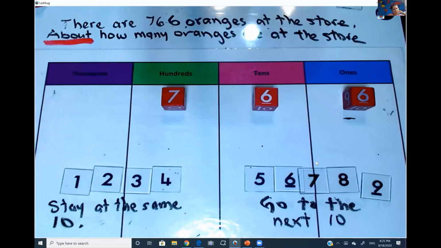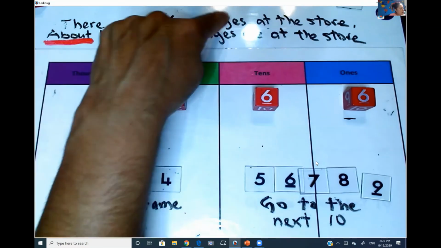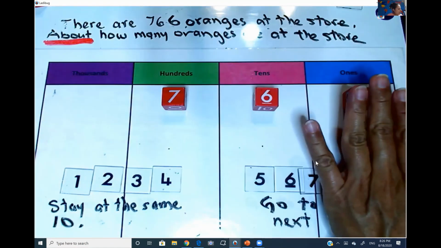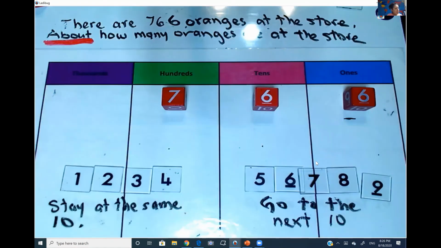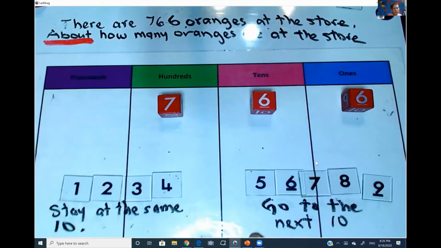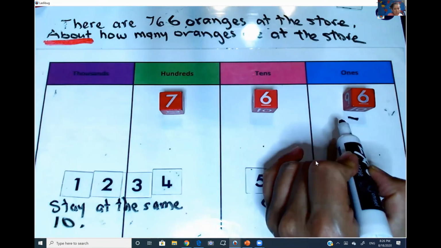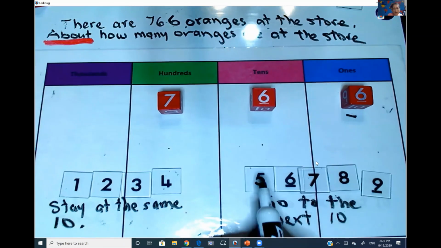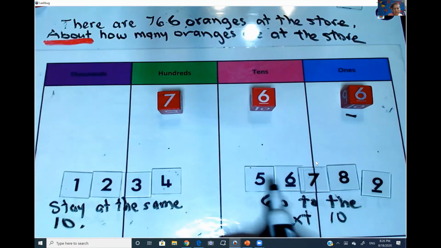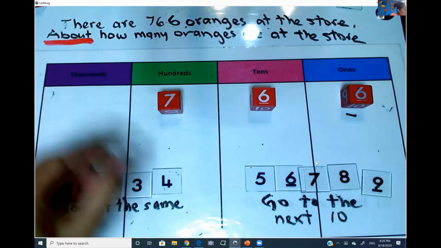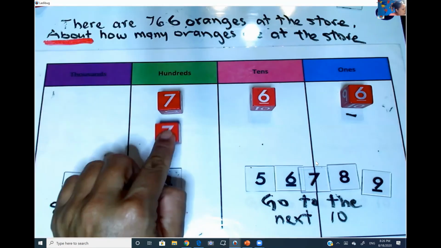Now I have almost the same number here. Now I have 766 oranges at the store. I have my number in my place value chart, and I still have the same rules. So let me see what's the digit that my number finishes in. My number finishes in 6. So that means I'm going to apply this rule here, that when it's 5, 6, 7, 8, or 9, I go to the next 10. So if I'm going to the next 10, that means my hundreds are going to stay the same, because I'm not changing the hundreds.